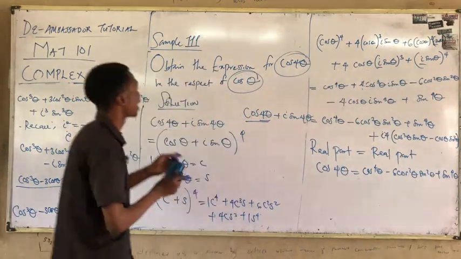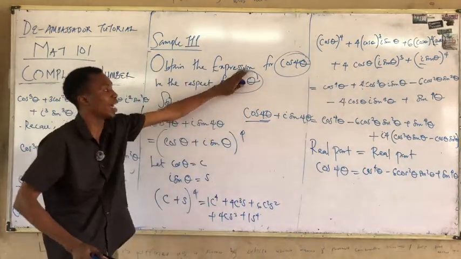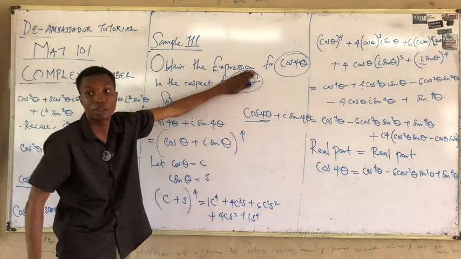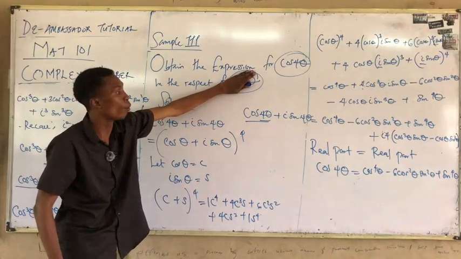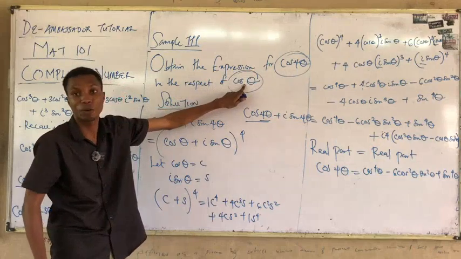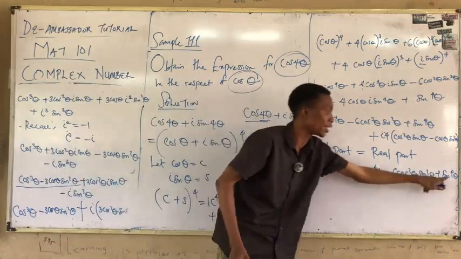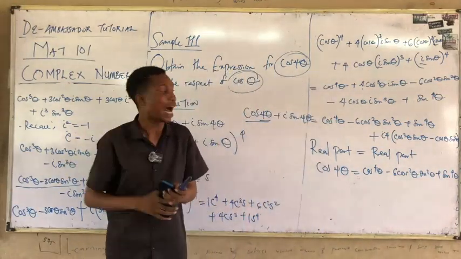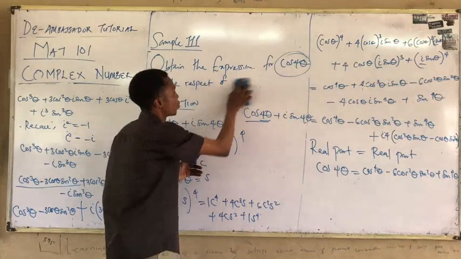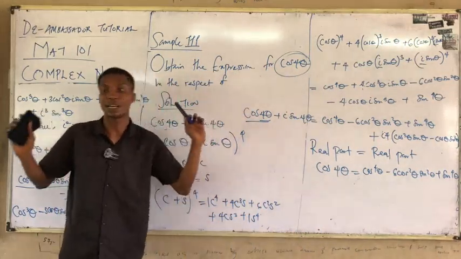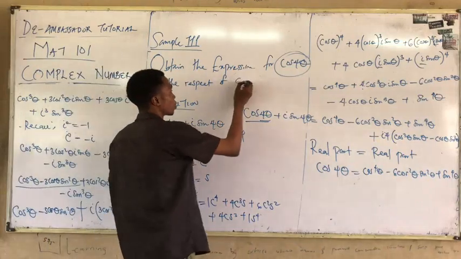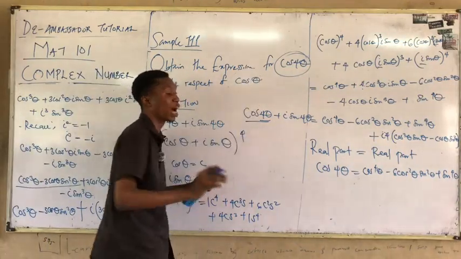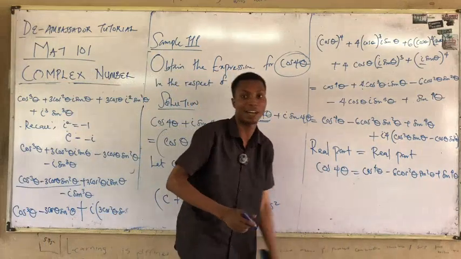And the question never said in respect of cos theta, so you might think this is your answer. Are you with me? But the question says in respect of cos theta. That means we shouldn't have sine in our answer.